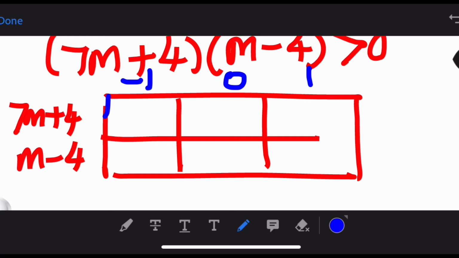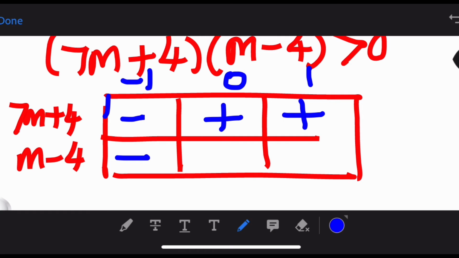Okay. We can actually plug in the value that is suitable. So negative 1. If negative 1, we will get negative 7, right? Plus 4, negative. This one will be positive. Then will be positive, right? For n minus 4, for the value less than, okay, we substitute, will be negative also, negative 5.